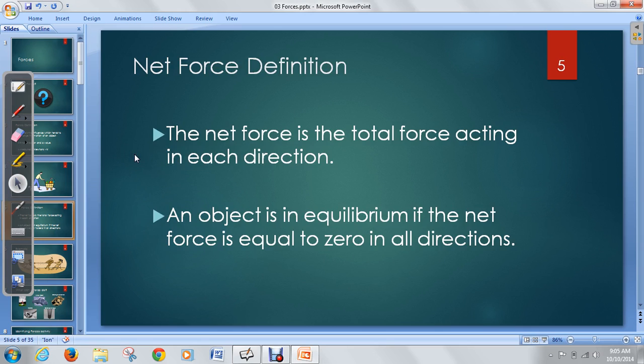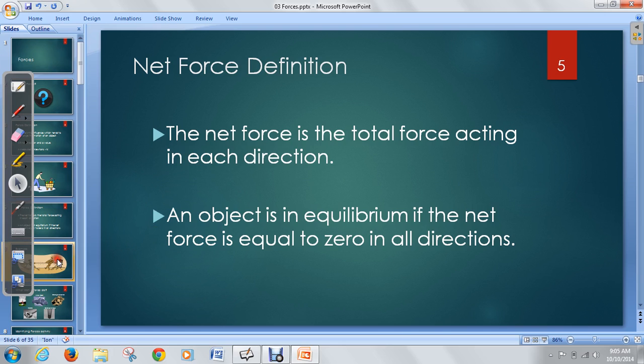So how much force is pushing up, how much force is pushing left, how much force is pushing down, and how much force is pushing right. We add up all the forces and make one net force in that direction. And if an object has forces that are equal in both directions, then that is called equilibrium. Equilibrium is if the net force is zero in all directions.